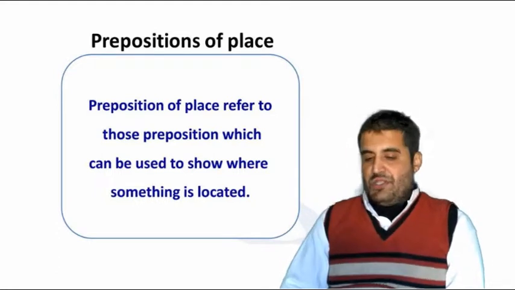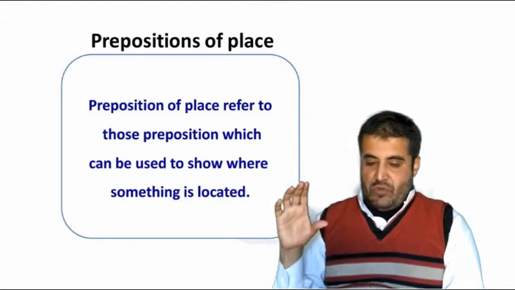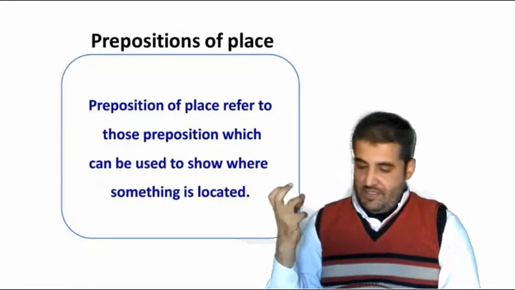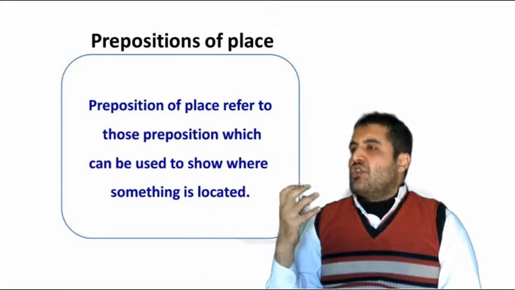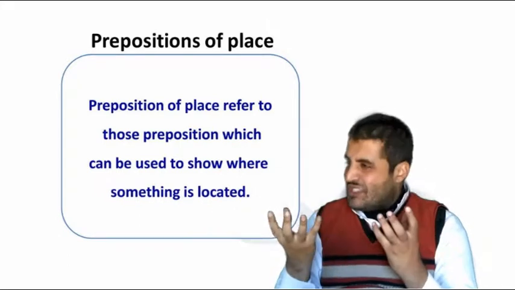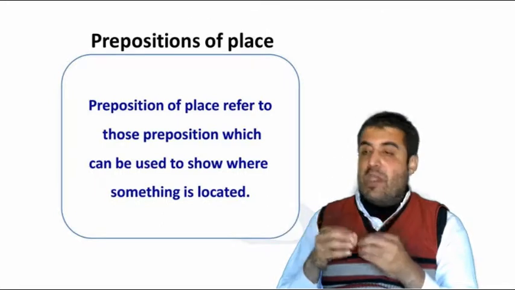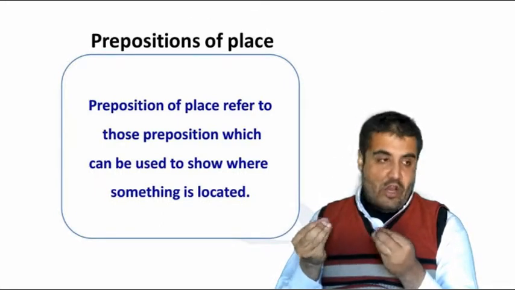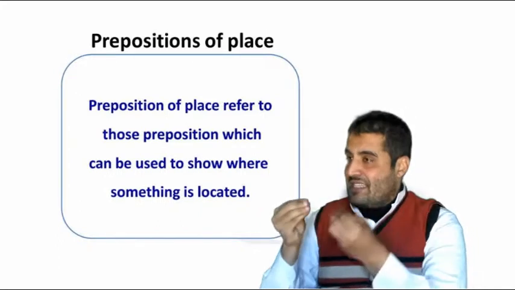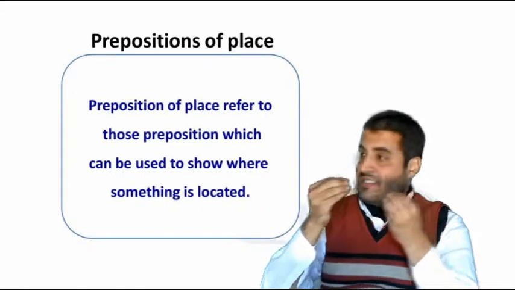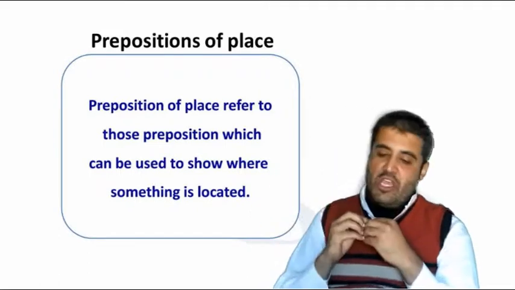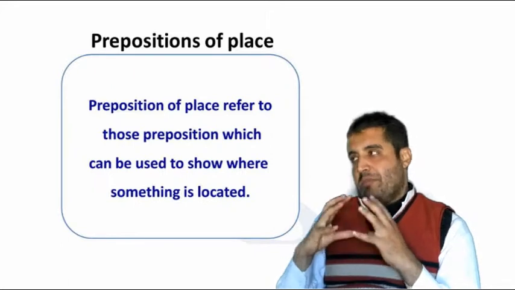Prepositions of place refer to those prepositions which can be used to show where something is located. It means these are those prepositions which show us the position, the existence, the place where an object or something or someone is, or is present there. Okay, so these are called prepositions of place.